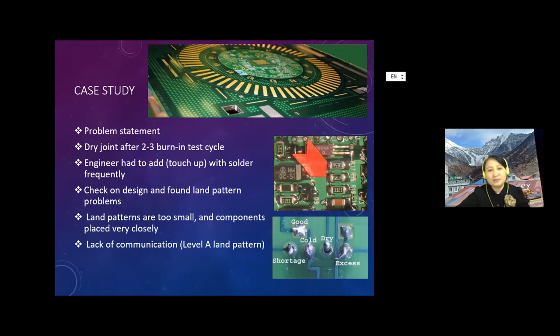This is mainly due to a lack of communication in terms of the level A land pattern, and also the requirements of a high reliability board, because this is actually a test board. All right, so this is a very simple example of how you use level A, B, C.